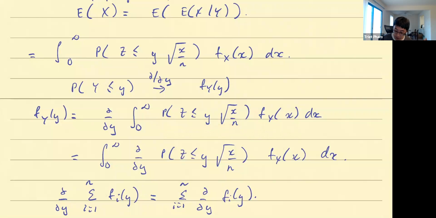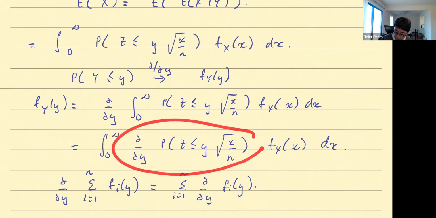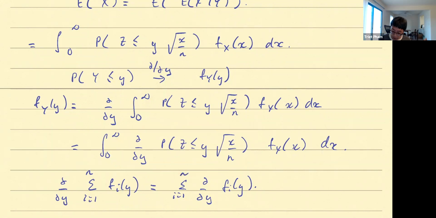But anyway, bringing the derivative inside the integral, oh, actually we did this in the Cramér-Rao, I think. That's why it sounds familiar. I'm using exactly the same trick there. So I bring the derivative inside.